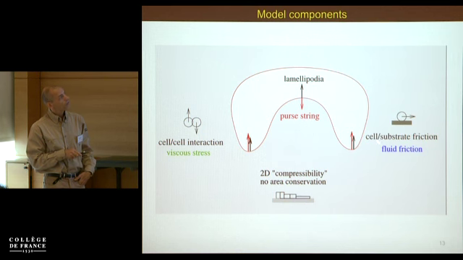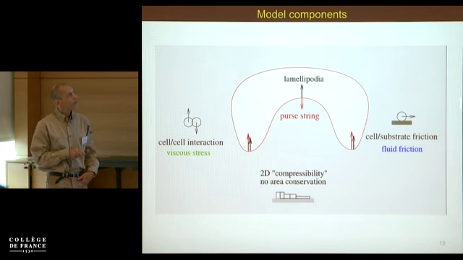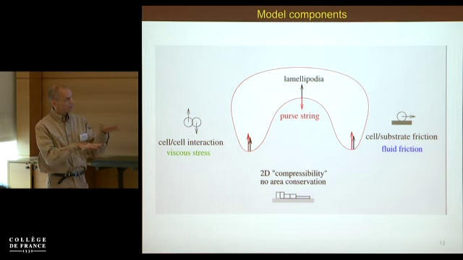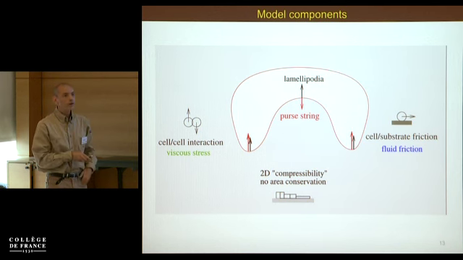We are considering some substrate friction because we realized we need to include it for some of the problems. So that means when the epithelia is moving over either the extracellular matrix in vivo or whatever we put as coating in our in vitro experiments, there is some friction dissipating there.